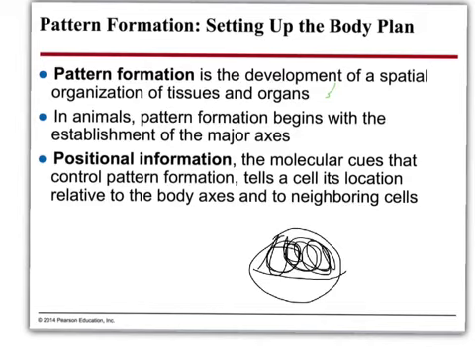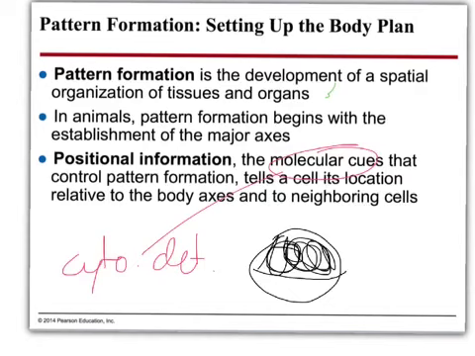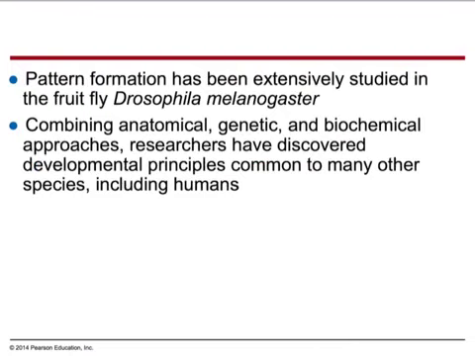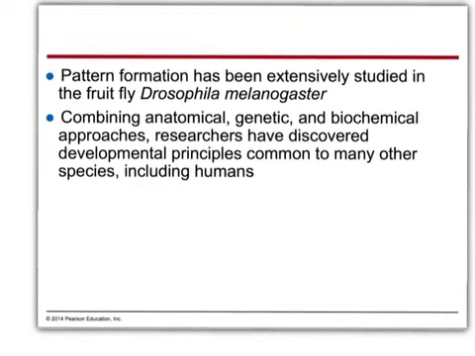And during cleavage, those cell divisions that occur, you end up with different cells that now become front to back. All right? So those molecular cues could be, for example, those cytoplasmic determinants. Okay? This ends up giving you your relative position for body axes. This is axis formation. All right? And so pattern formation was first and best described using the fruit fly as an example.